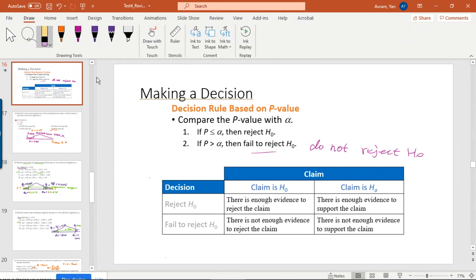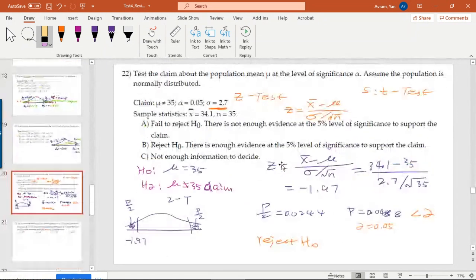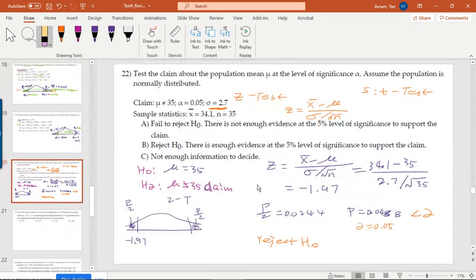The conclusion here is there's enough evidence to support the claim. So that is how you make this conclusion. So answer B will be the right one. There's enough evidence at the 5% level of significance to support the claim because we reject the null hypothesis.